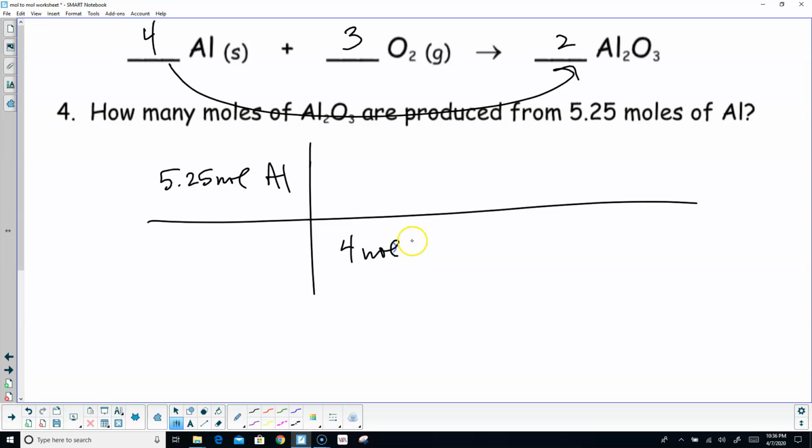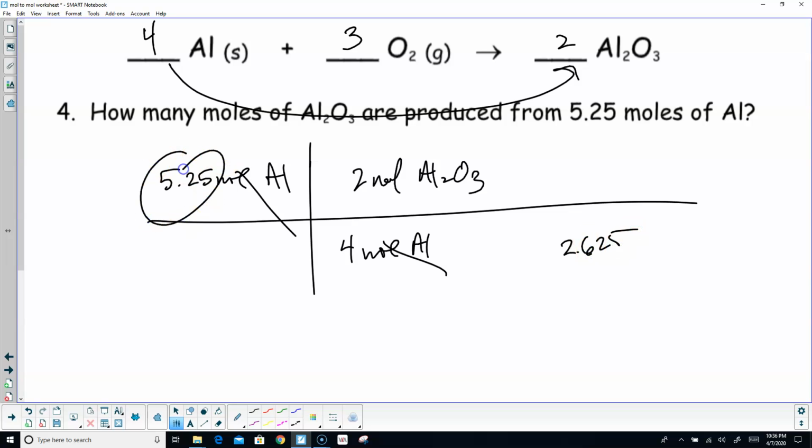There are 4 of them. For every 4 moles of aluminum, there are 2 moles of aluminum oxide that are produced. Moles cancel. 5.25 times 2 divided by 4. When I do so, your calculator spits out 2.625. You need 3 sig figs, so it's going to be 2.63 moles of aluminum oxide.